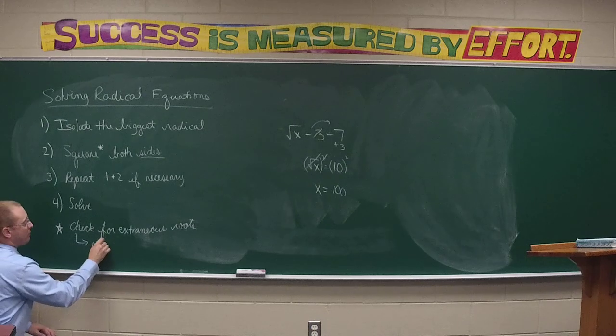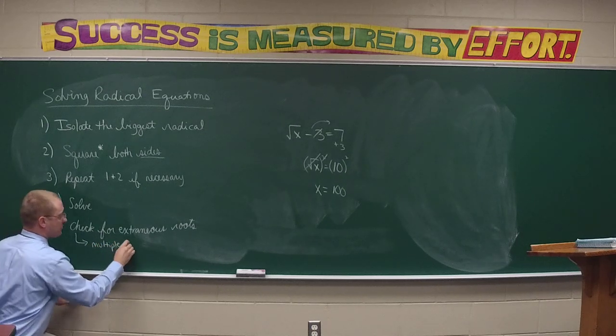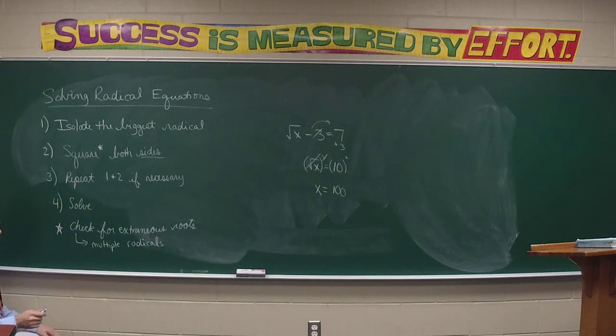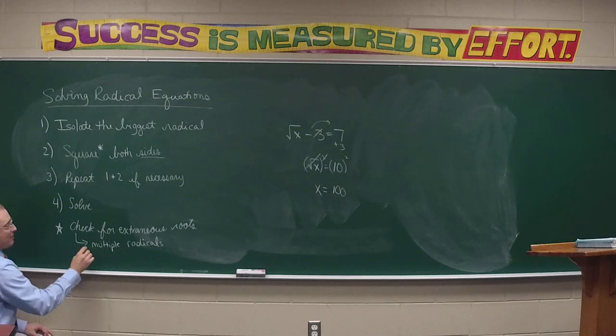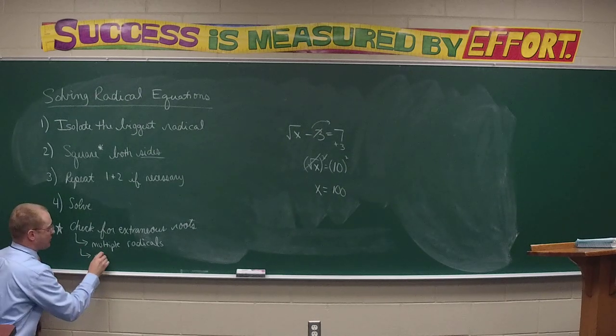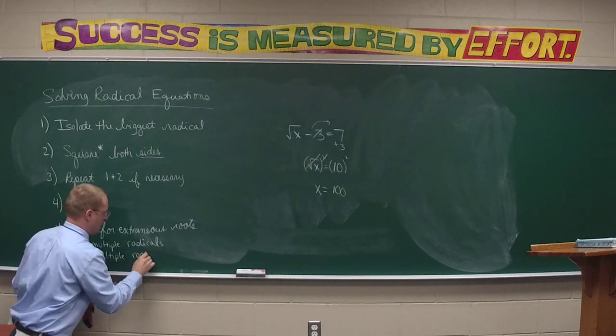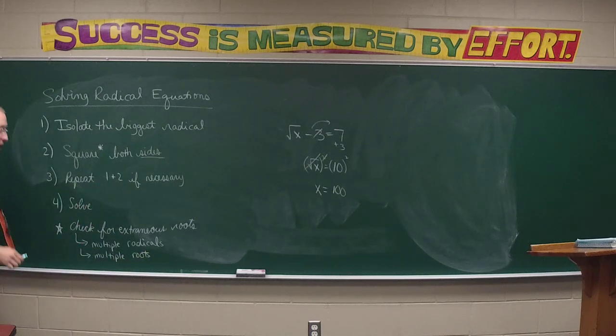If you have multiple radicals, it is very common to get an extraneous root. The other time is if you have multiple roots to begin with. It's very possible that one or more may be extraneous. Or if there are multiple radicals in a problem, as we'll see later this hour, you may only get one answer and it may be extraneous.